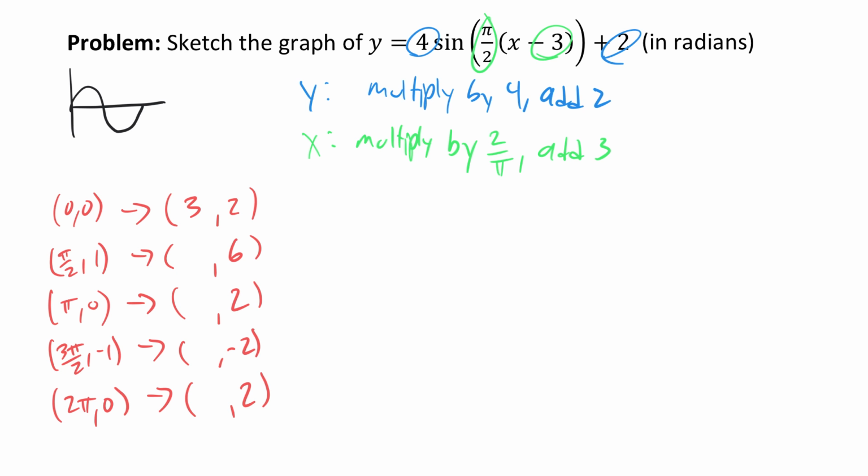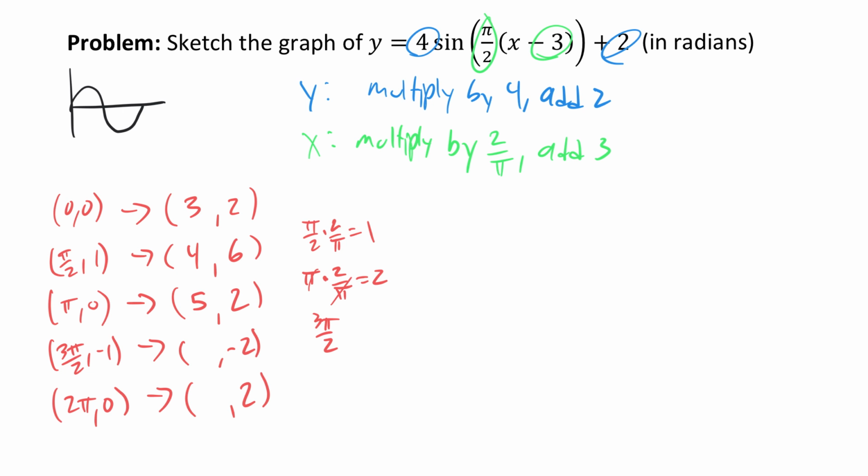But what about pi over 2 times 2 over pi? Well, that all cancels out and just gives us a 1. So when we add 3, we get 4. Okay, that's kind of weird. Let's try the next one. Pi times 2 over pi. Oh, that'll just be 2, and then 2 plus 3 is 5.